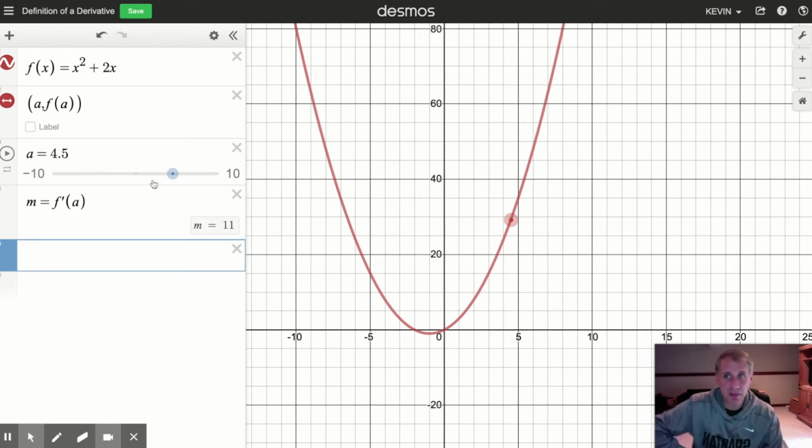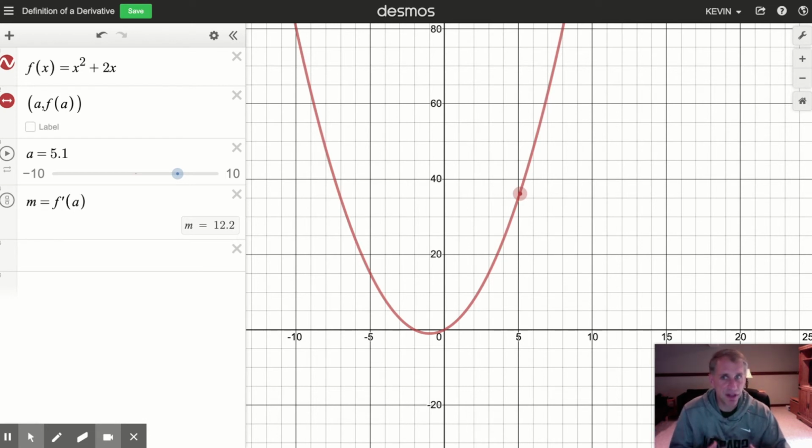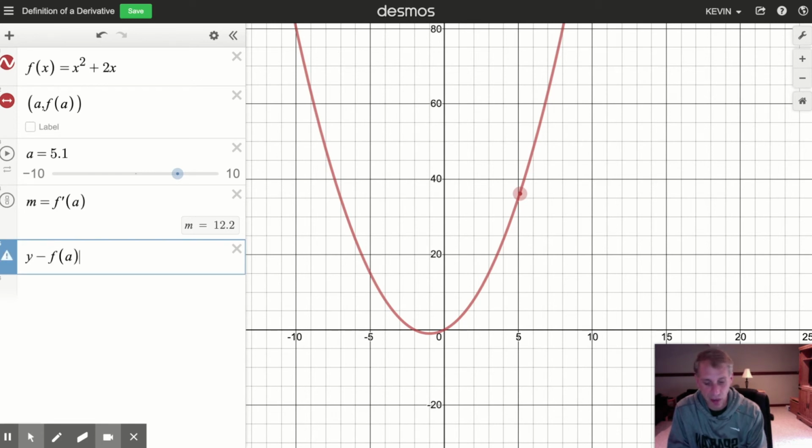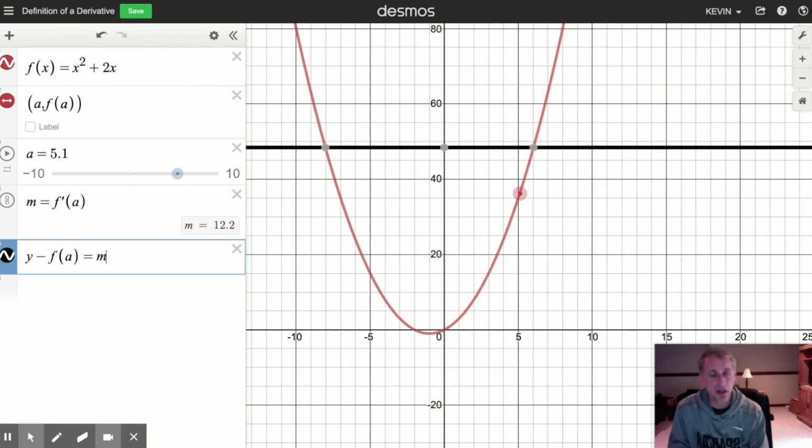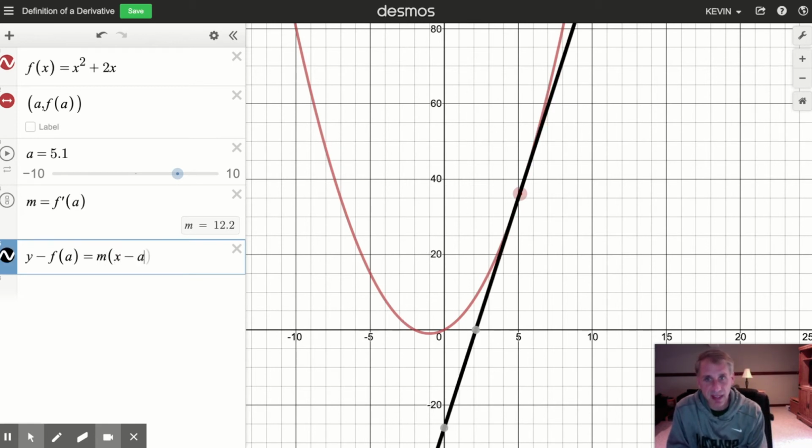And see, what this is telling me now is that at any given value of a, Desmos right now is spitting out what the slope of that tangent line is. So if we think about the tangent line having to go through the point a, f of a, and having a slope of m, or f prime of a, however you want to define that, the equation of the tangent line is always going to look like y minus f of a, that's our y coordinate, equals the slope, so you can use m, or you could say f prime of a here, times x minus a.